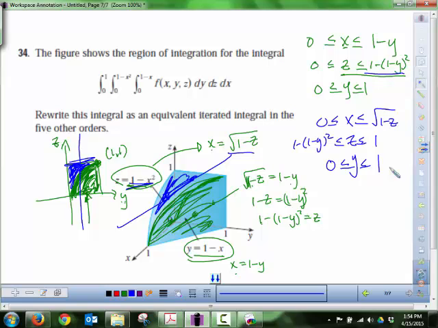Now, this is just one answer where I integrate with respect to x and then z and then y, because these two things I have to add up as two different integrals.